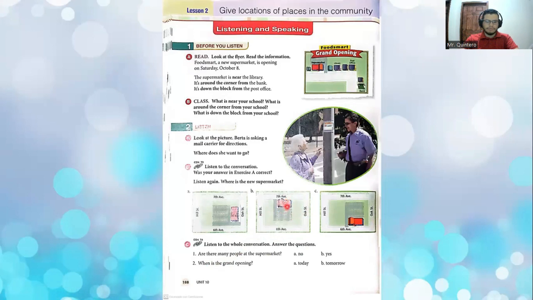Is that near here? Yes, it's just around the corner. They're having a grand opening. I guess there are a lot of people there. No, not really. Only 1 or 2 workers. Really? I don't understand. Today is October 7th. The grand opening is tomorrow, October 8th.